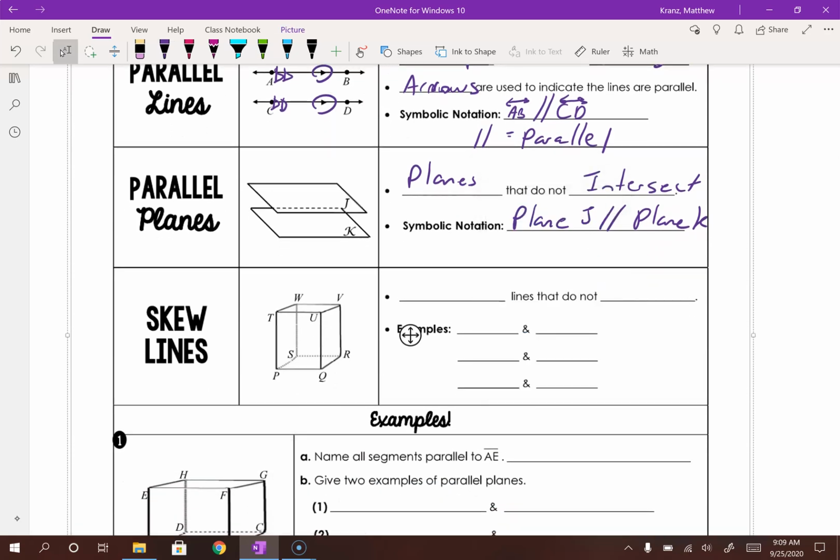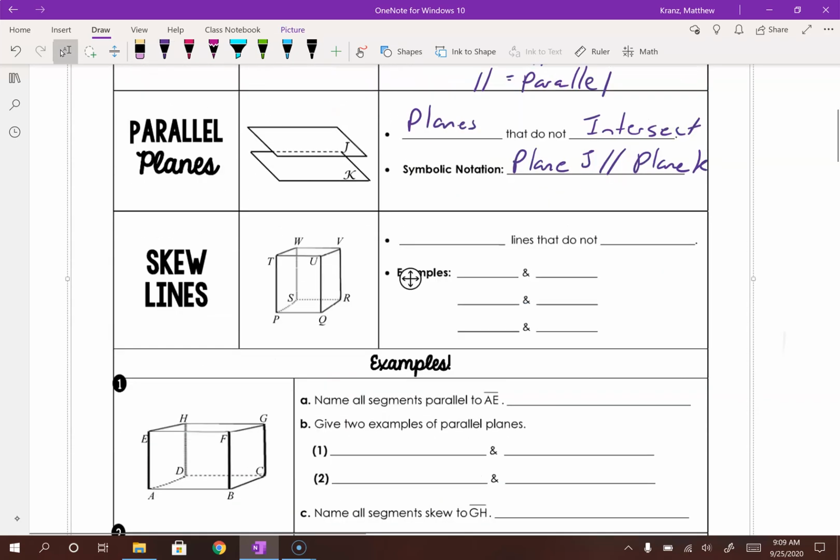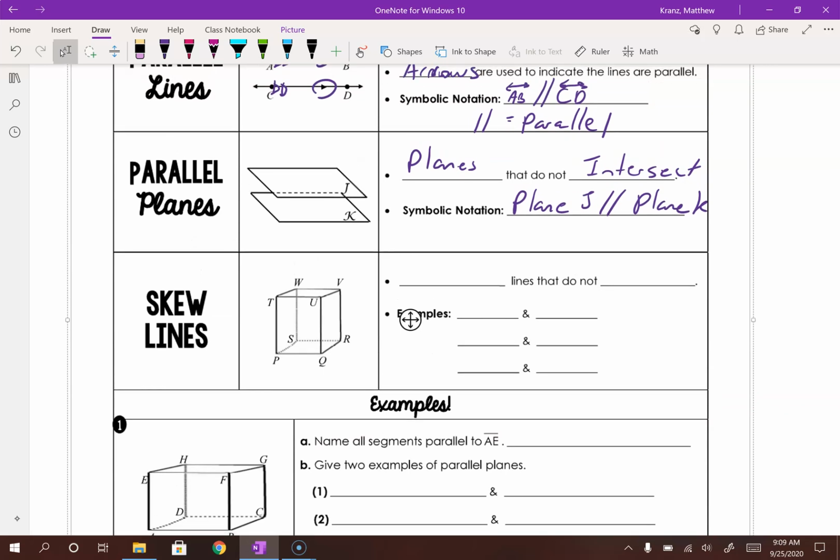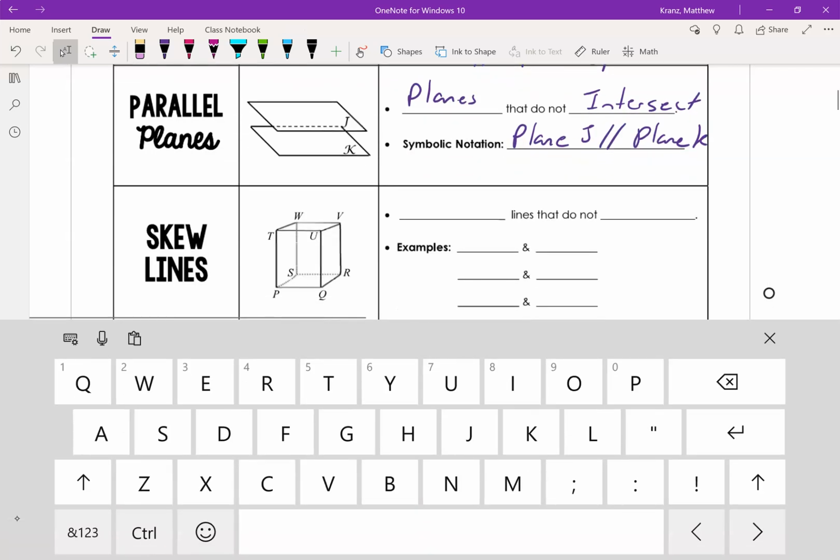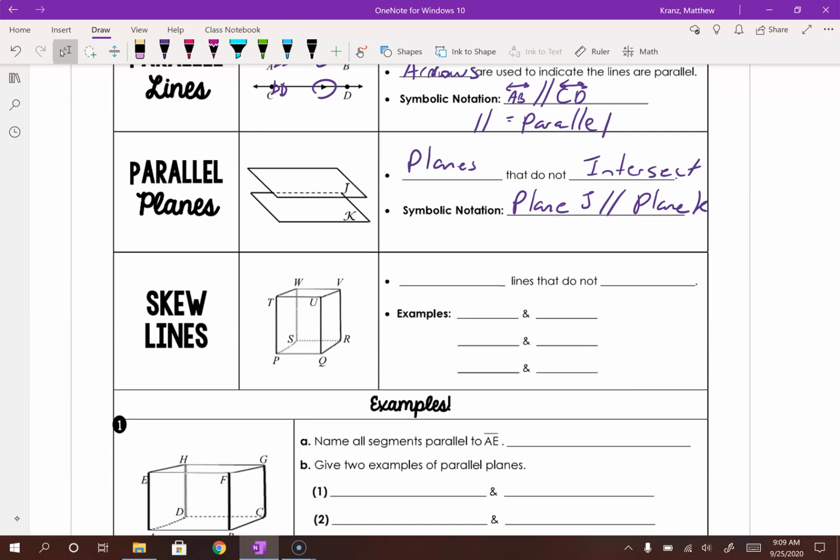Then we have something called skew lines. Skew lines are non-coplanar lines that never intersect.